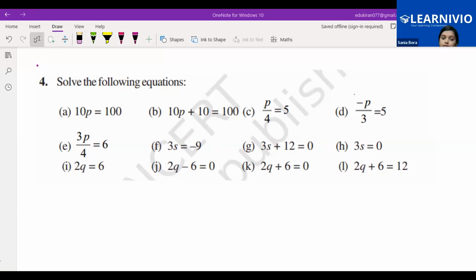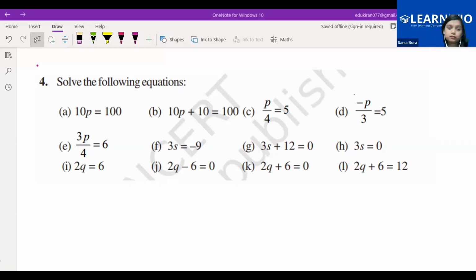Minus P, no, you'll shift that there. So P would be minus 15. Yeah. Okay. Then fifth one is 8. Then the sixth one is minus 3. And G is minus 4. And then H is 0.